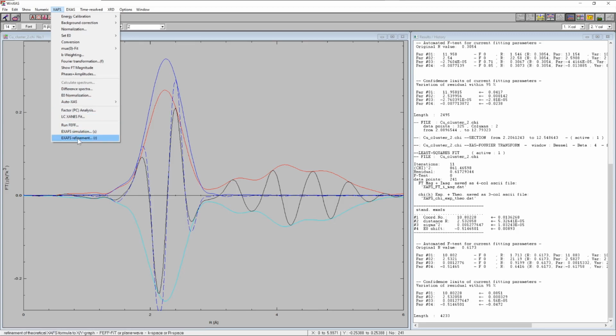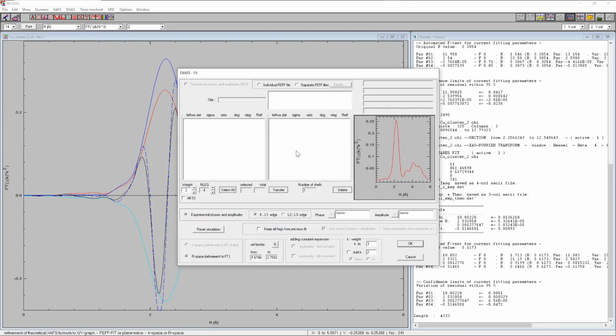We go directly to EXAFS refinement. So what we want to do now is we want to have a look at an additional K weighting. So instead of showing the EXAFS function in K space, we want to display another radial distribution function with a different K weighting.